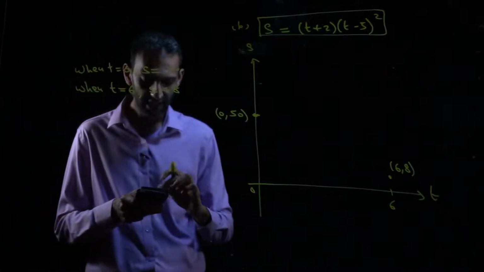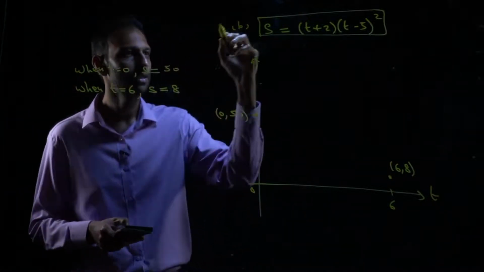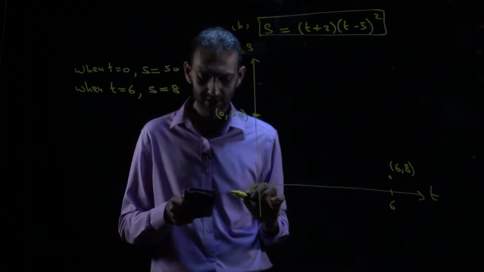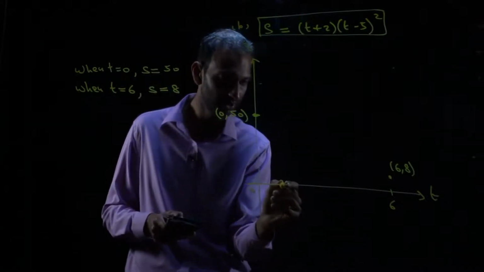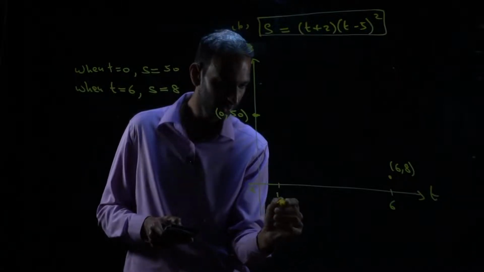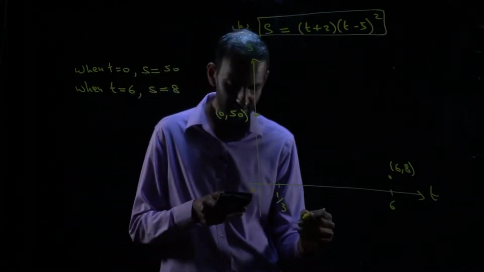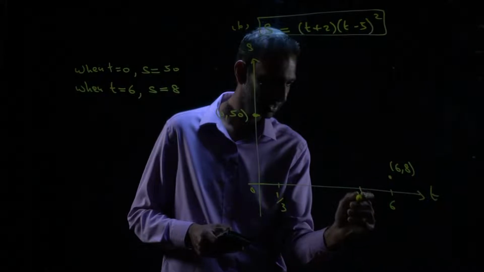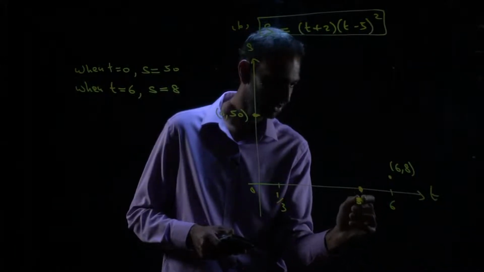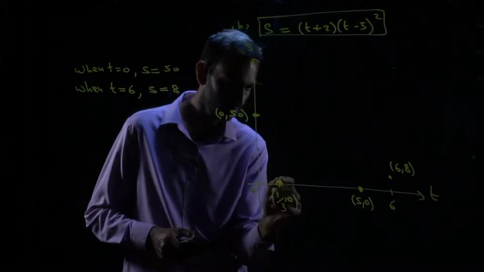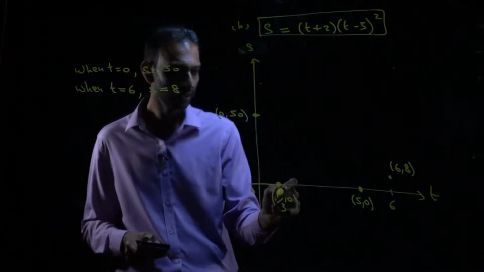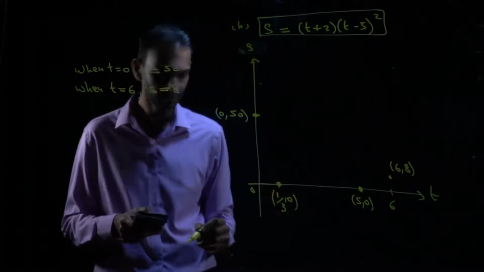Now, we have the times where v is equal to 0. The times where v is equal to 0 are t is 1/3, which is somewhere here, and then t is equal to 5. Let's say 5 is there. So that point is 5, 0, and this one is 1/3, 0. Now, let's see what happens when t is equal to 1/3.